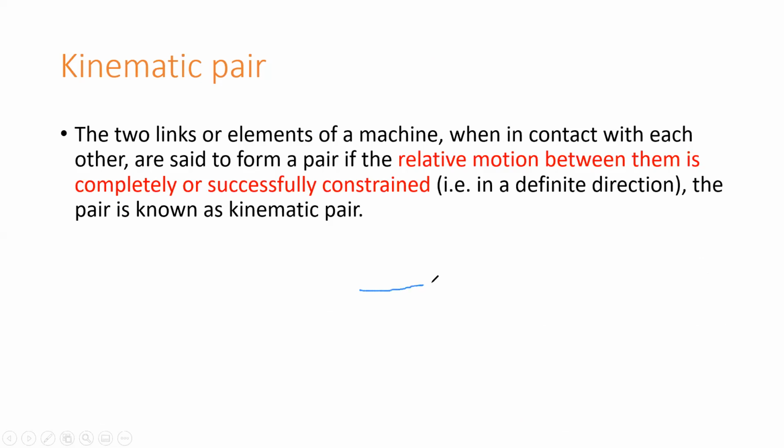Suppose it is one flat surface, and I am assuming that it is fixed. This is the symbol of fixed. Now over it, let us consider only the planar motion, over which a block is kept.